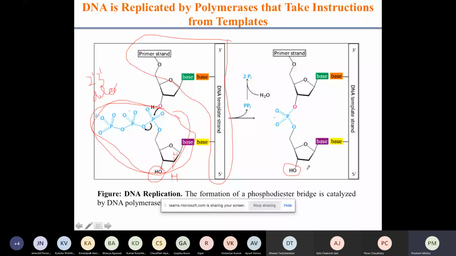Now here, instead of OH, we will have H, right? Now if I have H, what will happen? Beyond this the reaction will not happen because this part is missing. And if this part is missing, there is no attack on this phosphate group coming from another nucleotide. If the OH group is absent, no further reaction will proceed.